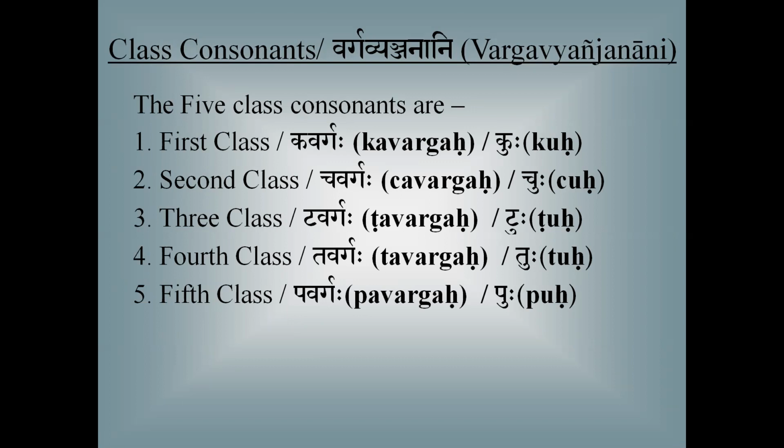So each class will be having 5 consonants. Therefore, 25 class consonants. This is the first classification of the consonants. They are called Varga Vyanjanani. Varga meaning group. Vyanjanani meaning consonants. So Varga Vyanjanani means class consonants or group consonants.